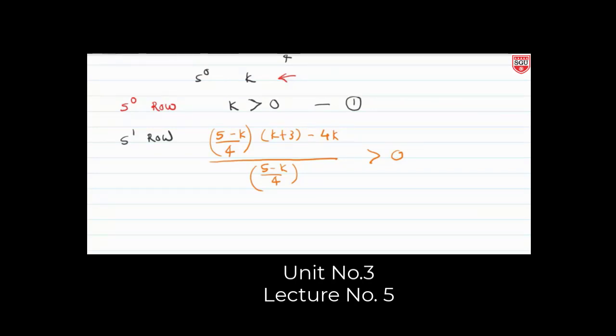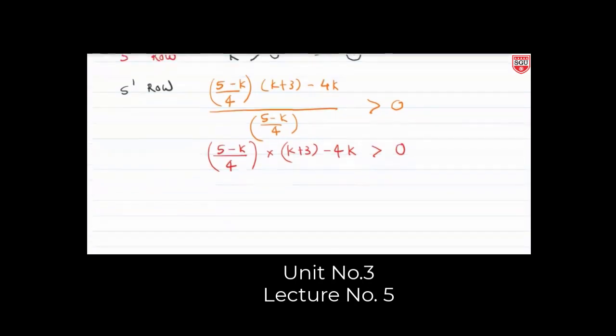So I will give the hint: 5 minus k upon 4 multiplied by k plus 3 minus 4k should be greater than 0. The denominator will get cancelled with the 0. So what will be the next step?